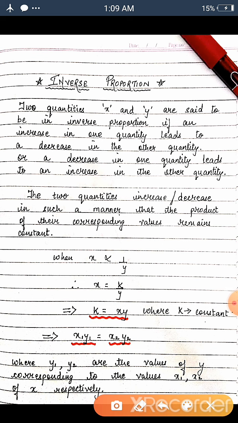This means that as we are increasing the number of children for the project, the time is getting reduced. And as we decrease the number of children in the group, the time will increase.